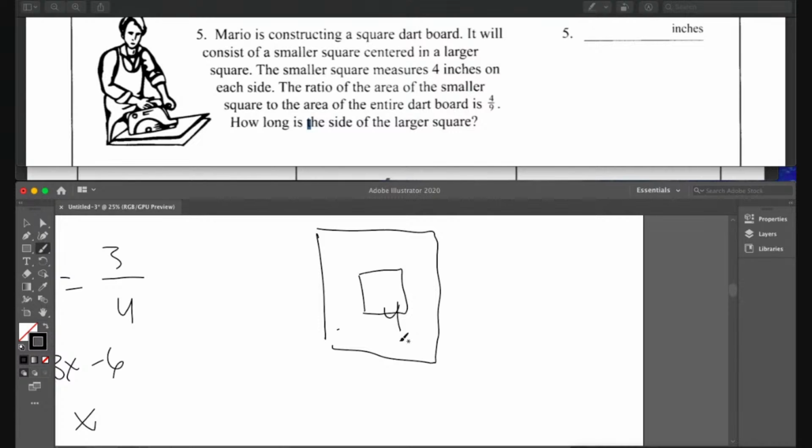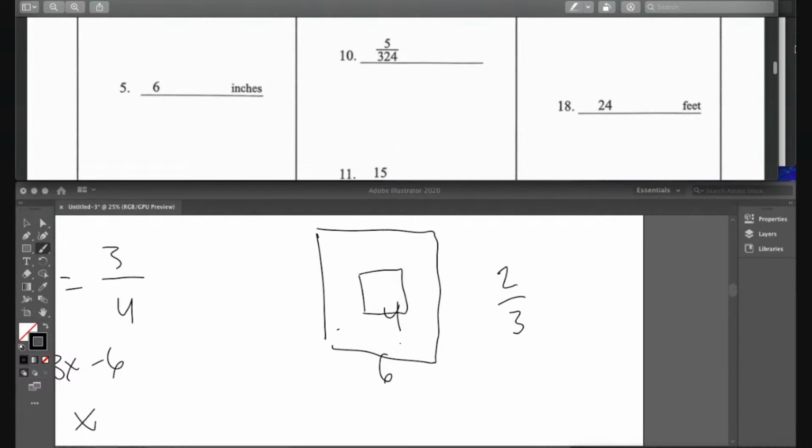So the ratio of this length to this length is the square root of 4/9, which is 2/3, right? So then you just find that ratio, and this is just going to be 6. And that's your answer.